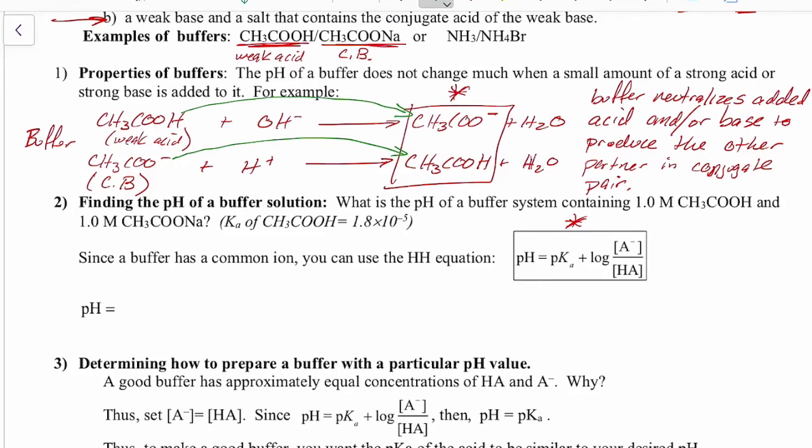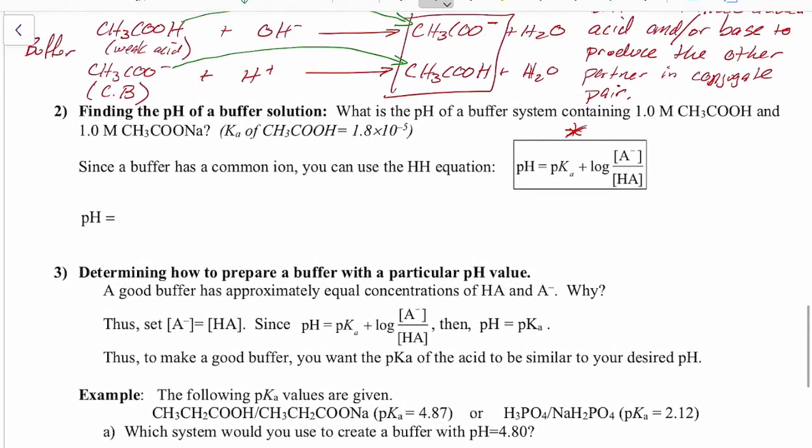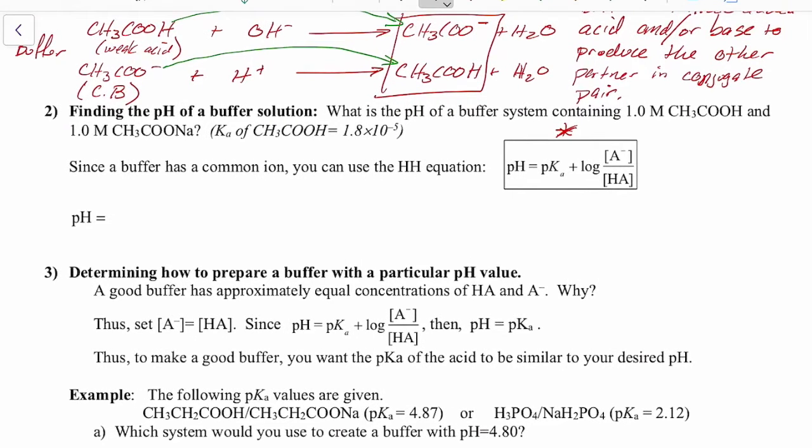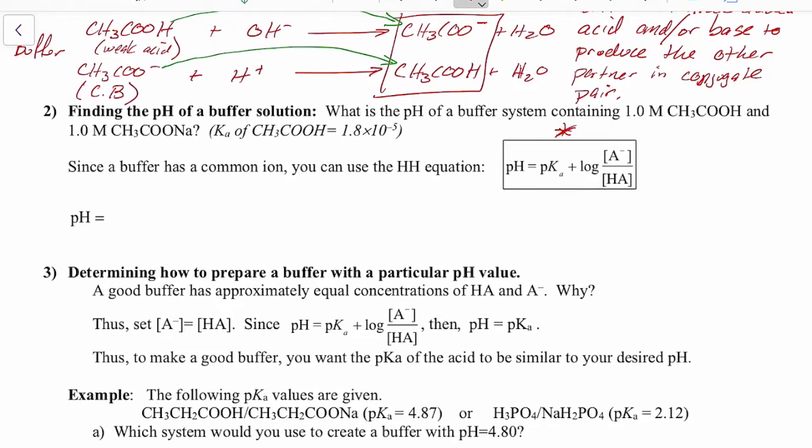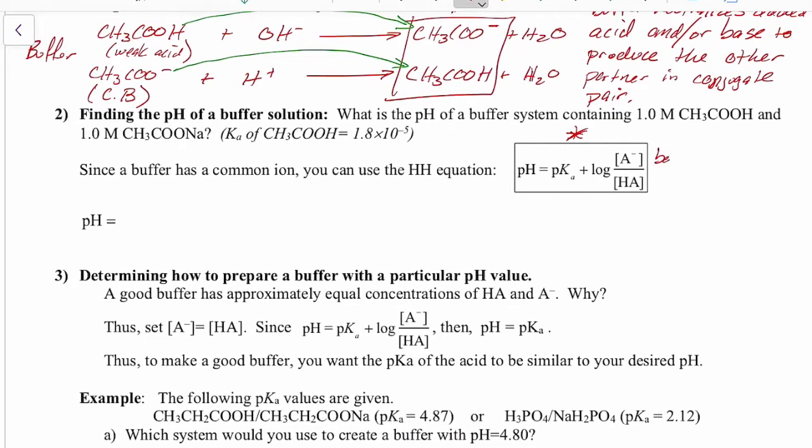So if you want to find the pH of that buffer solution, we go back to our Henderson-Hasselbalch equation. If you mix some of the acid and some of the base, here's your ratio, right? Because your ratio in your Henderson-Hasselbalch equation needs your conjugate base and your conjugate acid.